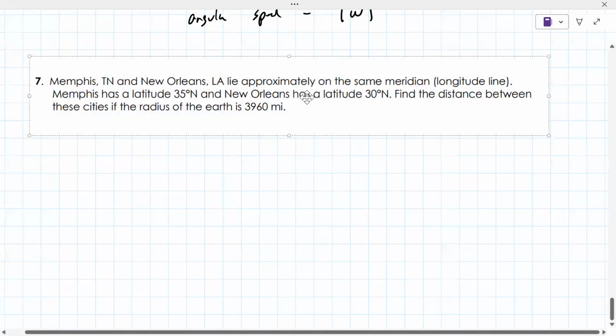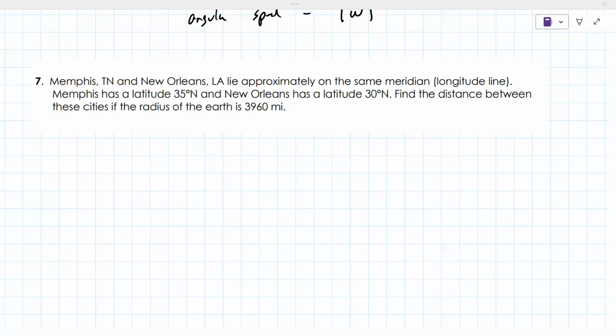All right, Memphis, Tennessee, and New Orleans, Louisiana lie approximately on the same meridian longitude line. Memphis has a latitude of 35 degrees and New Orleans has a latitude of 30 degrees. What I never remember is which one is up and down.